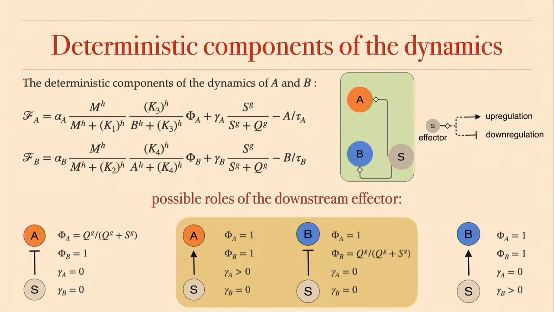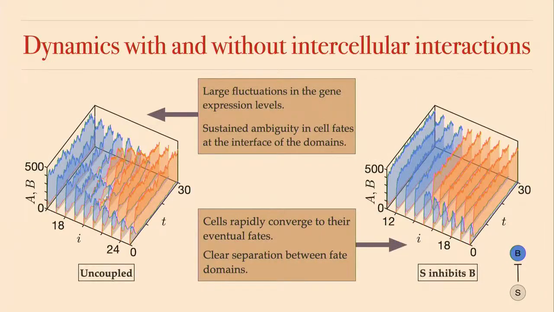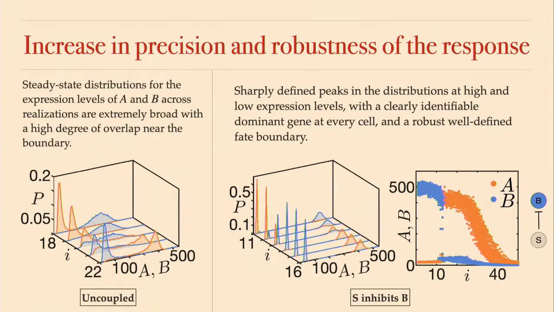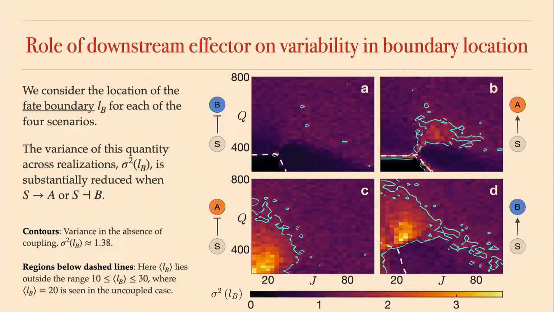It basically is the threshold of the downstream effector on the regulation of A and B. So these two are super important for the actual communication, and you see that over a very wide range of these two parameters, the color corresponds to the variation in the location of the boundary. You see it's significantly reduced compared to what you would observe in the case where there's no coupling.